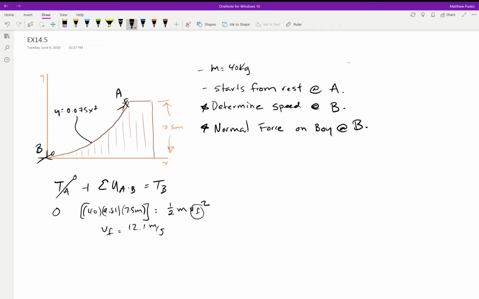Now, if that's not as intuitive, using work energy principles, I'm going to teach you kinetic energy plus potential energy is equal to kinetic plus potential in the final state. And you've done this before, where potential could be things like 1/2 kx squared for a spring.